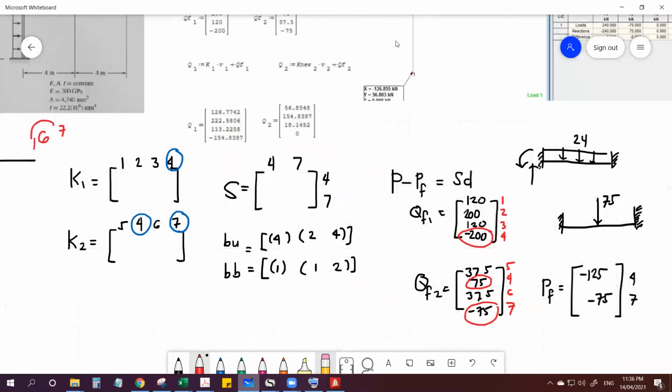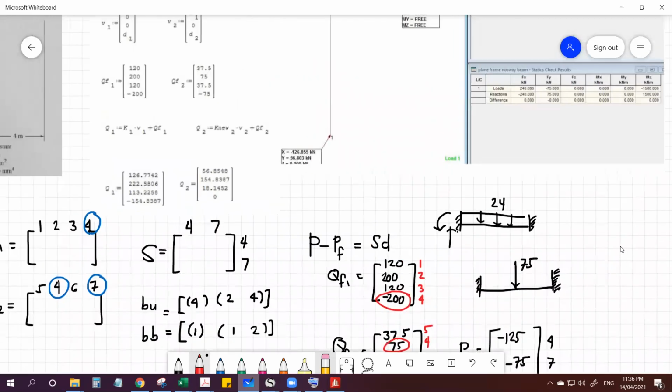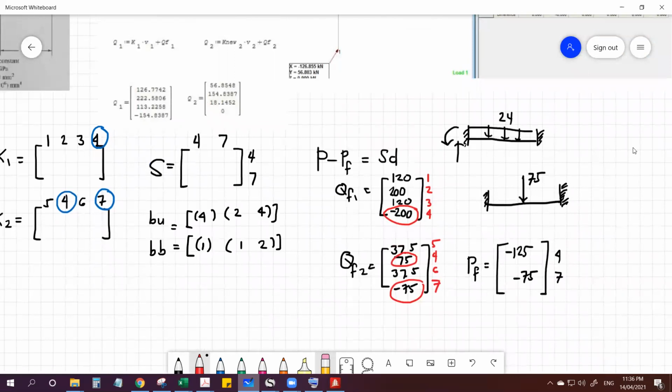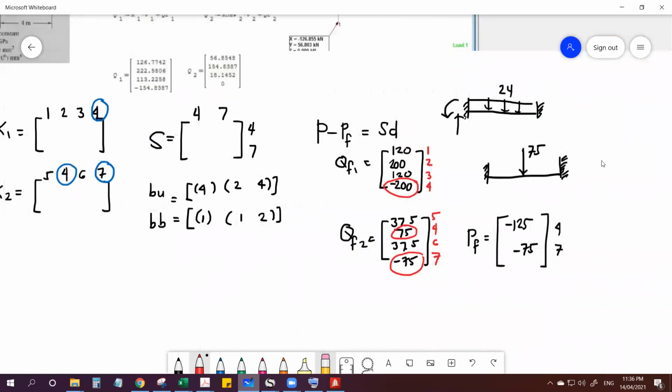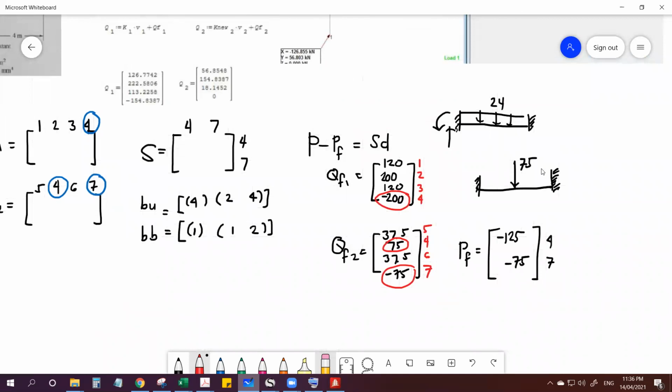Next, since this is a frame loaded along the span, we need to get the fixed end forces again. So we have a lateral load on the column. On the assumption of fixed end forces, it's 24 kilonewton per meter.